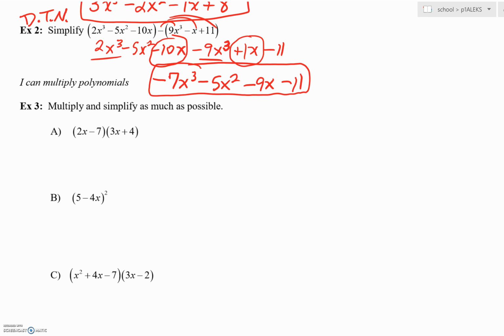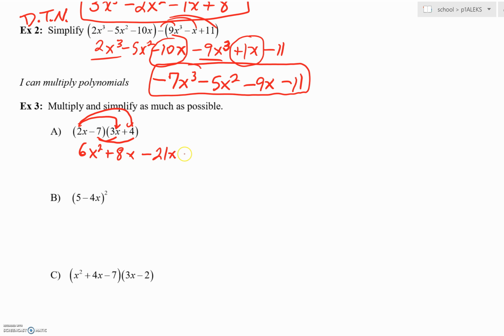Okay? So again, something that hopefully you can do quickly and easily. The next part of the lesson is something that we've already done. It's kind of like free points once again. It's multiplication of polynomials. Look, FOIL. 2x times 3x is a 6x squared. 2x times 4 is an 8x. Minus 7 times 3x is a minus 21x.